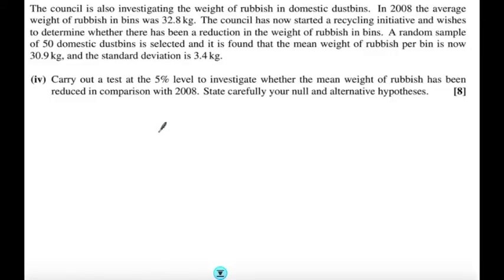Right, so there's a lot going on here, and it's 8 marks. We're going to assume originally they were normally distributed, and the average rubbish in the bins was 32.8, and standard deviation was 3.4.